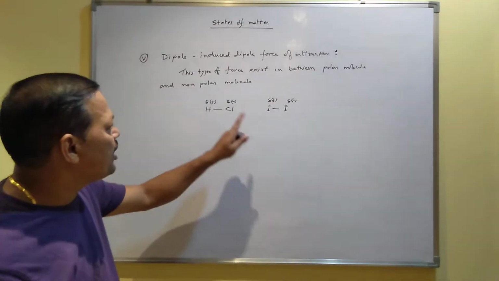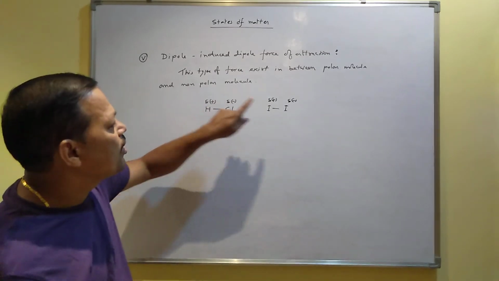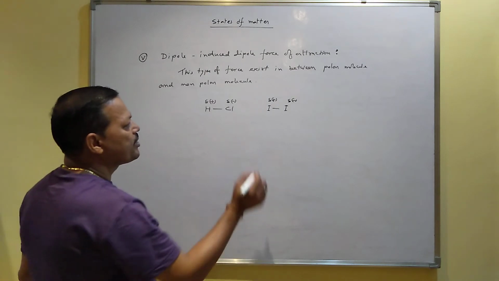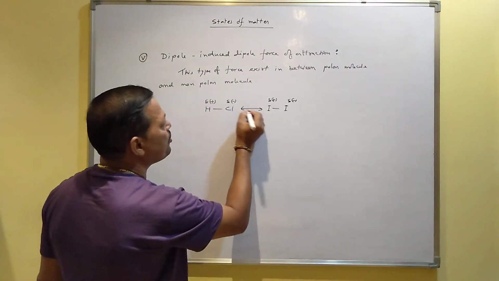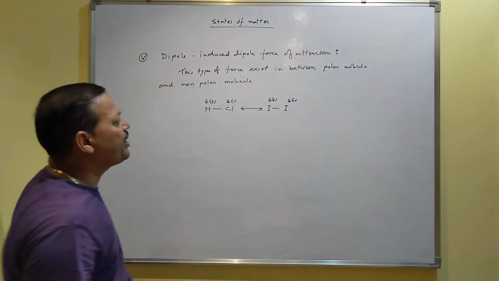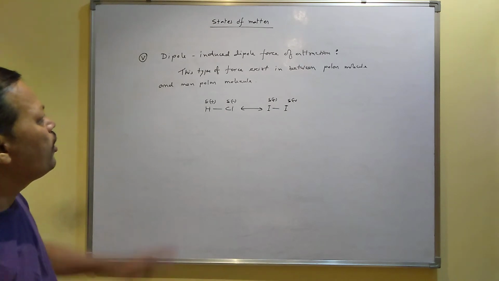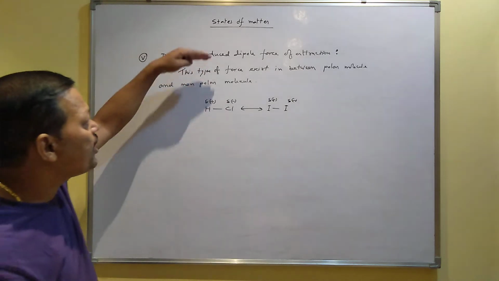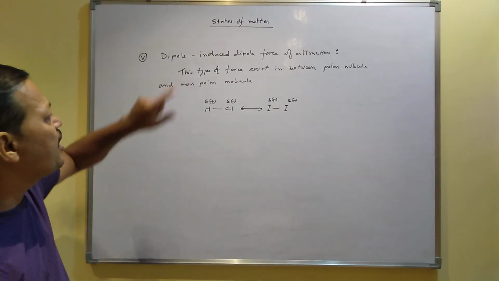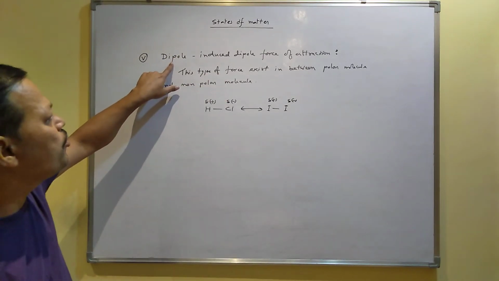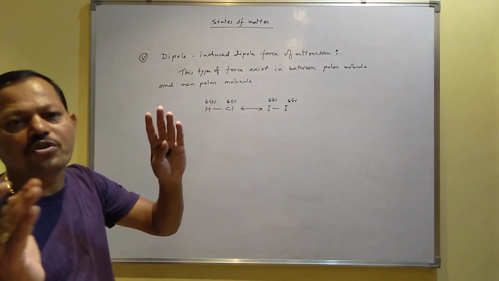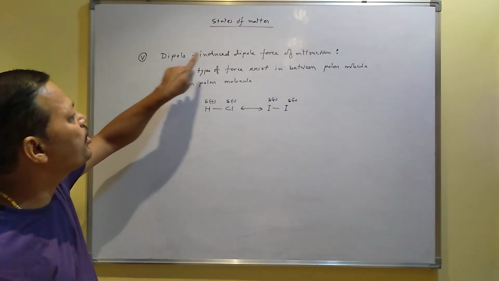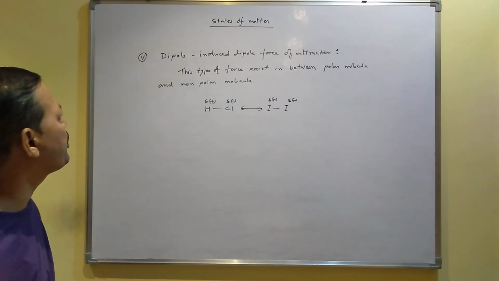Under the influence of this polar molecule, the non-polar goes to polar, and then some force of attraction takes place between this positive end and this negative end, and this type of force is called dipole-induced dipole force of attraction. So from the naming you can write the definition. Dipole means you have to take a polar molecule, induced dipole means you have to consider one non-polar molecule. This type of force exists between a polar molecule and a non-polar molecule.